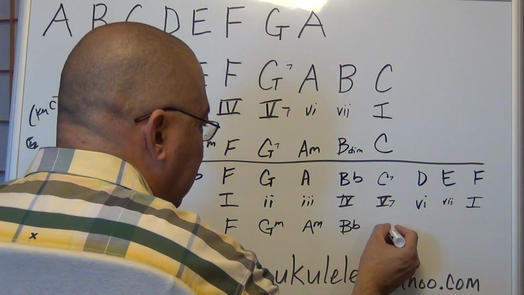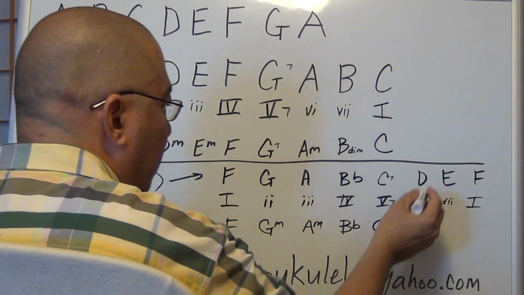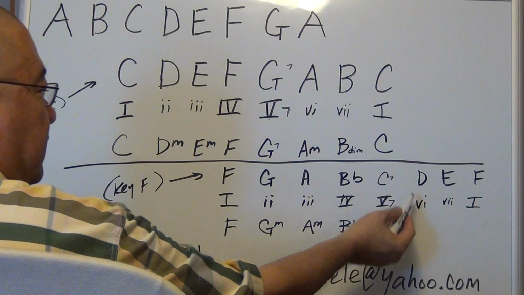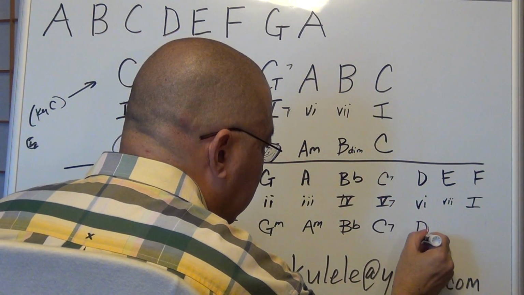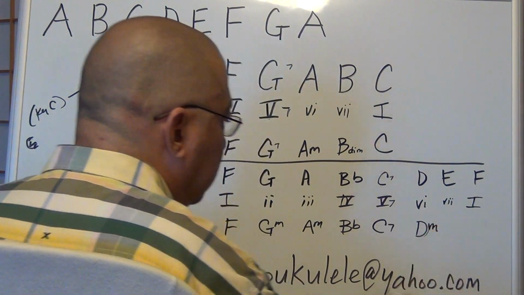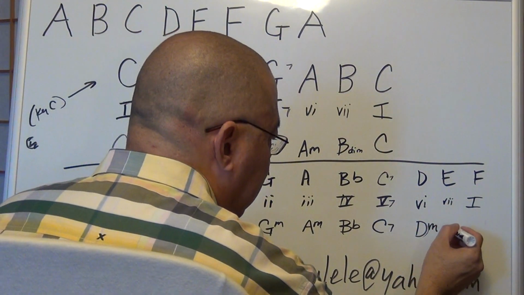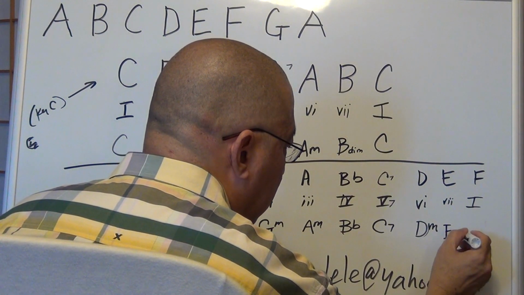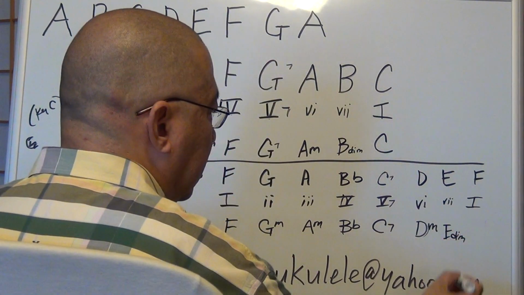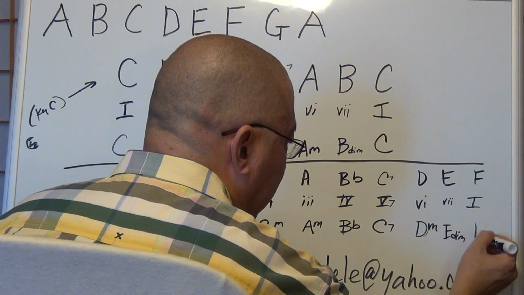The 5 chord is your C7. The 6 chord is always a minor, small 6, so it's D minor. The 7 chord is an E diminished. And then lastly is your F chord, F major.